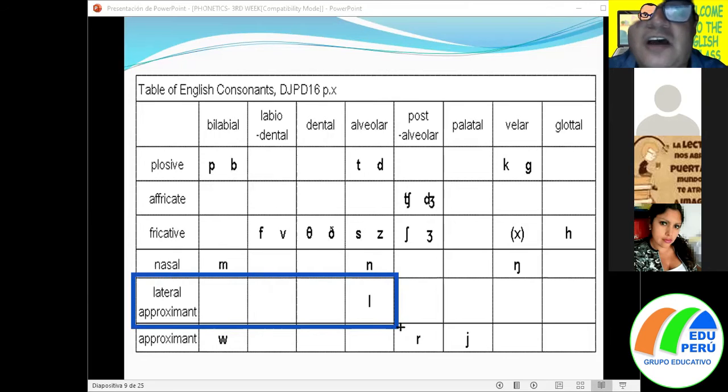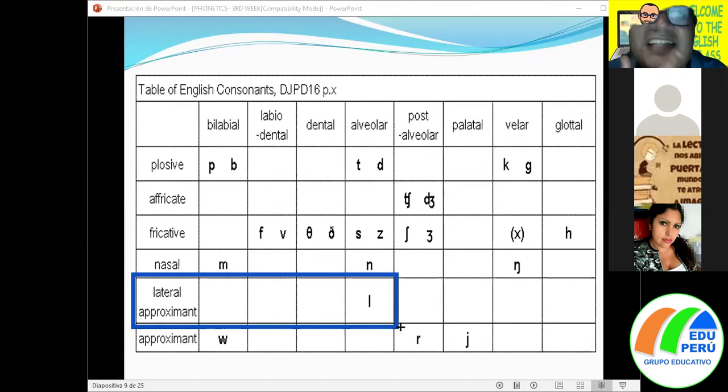This is an alveolar sound because you use the front part of your tongue against the alveolar ridge, and you have to touch it. Oh, teacher, so it's not approximant because you are touching it? Yes, it's approximant. Why? Because the air is going through the sides of your tongue, so the space is bigger. That's why we call it lateral: because the air is going through the sides of your tongue.